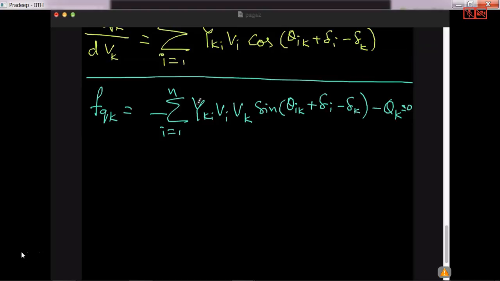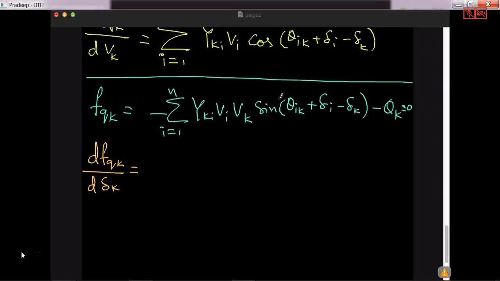Now again I want to differentiate with these two variables. Differentiate the function Qk with respect to the variable delta k. The differentiation of sine is cos, and delta k has a minus sign.